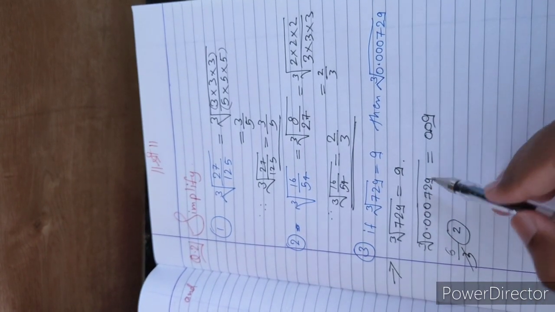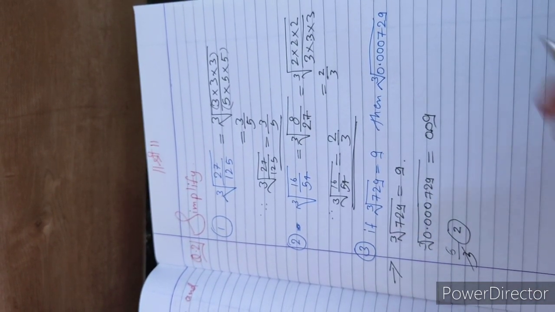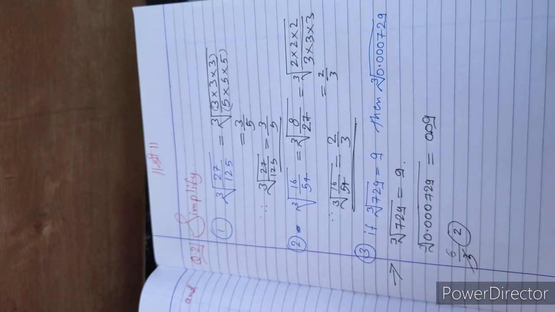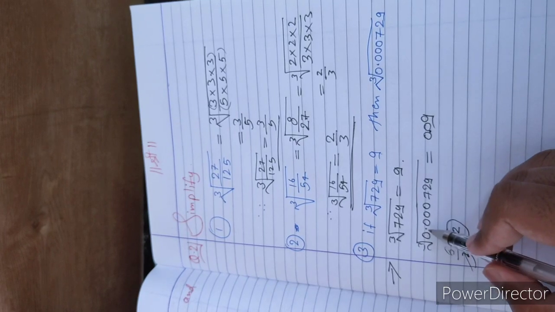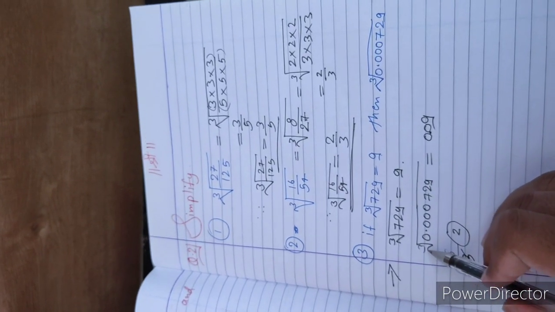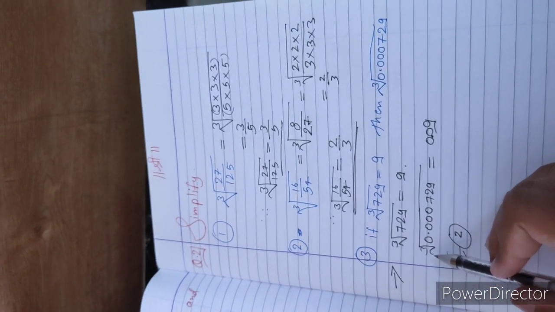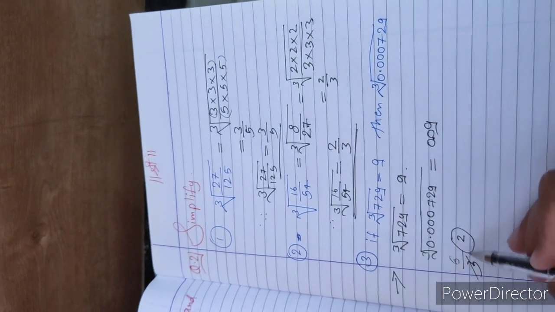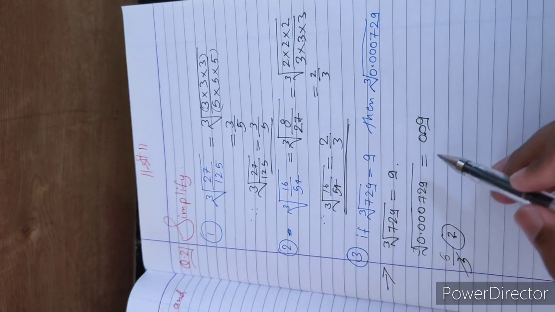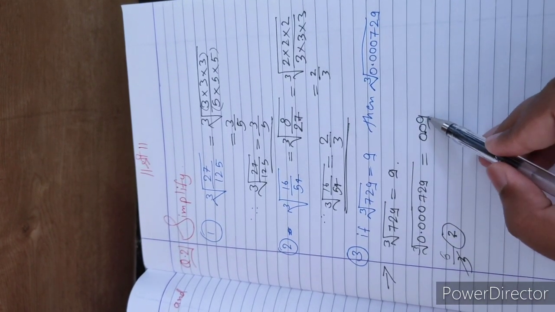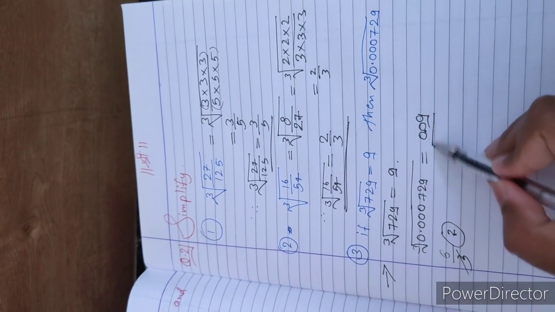So we will divide this number, meaning how many places it belongs to. It belongs to the 6th place. So we will divide by the index, that is 3. So 6 by 3, here we are getting 2. So we will place the decimal 2 places to the left of the digit. So here we did it like this.